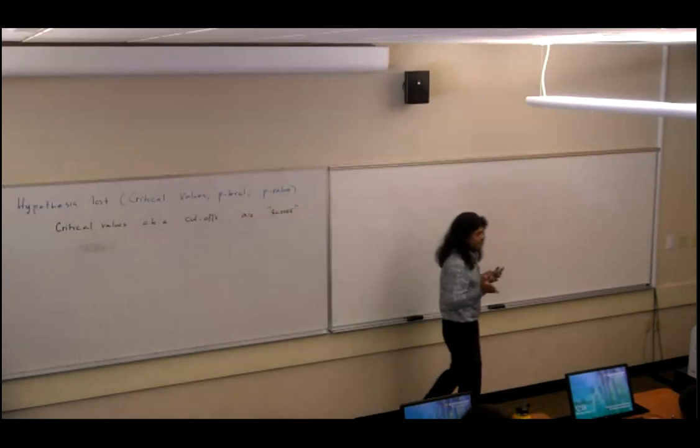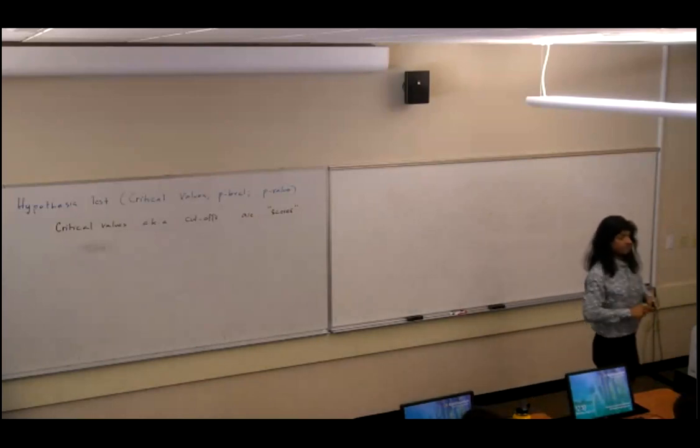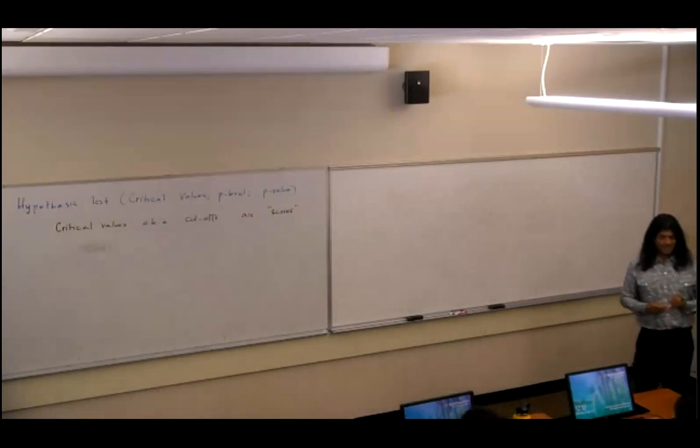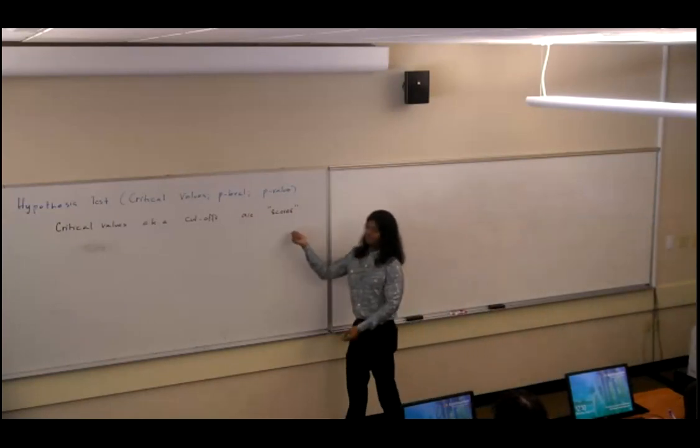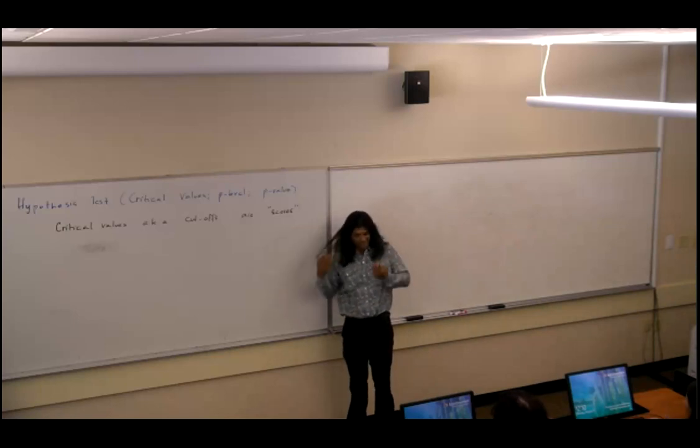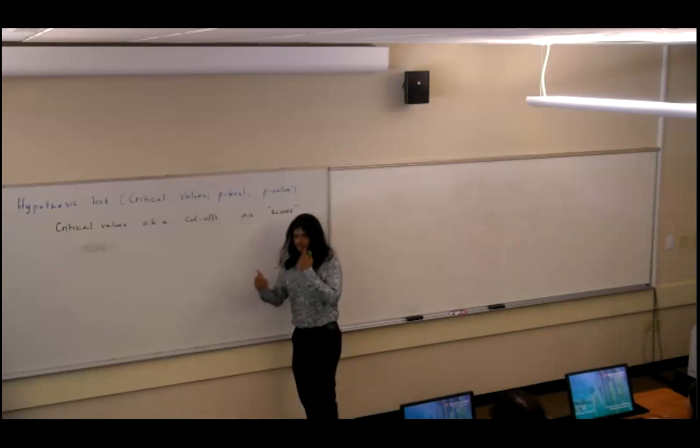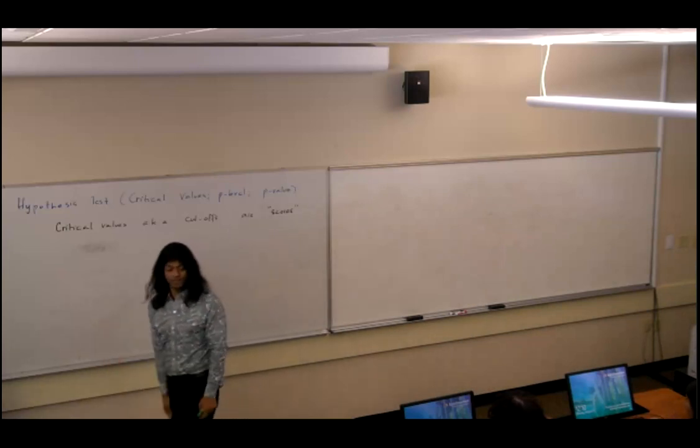I mentioned a whole bunch of distributions last time: Z, T, F, chi-squared. Every single distribution will have a score that you can find in order to come up with some conclusion.